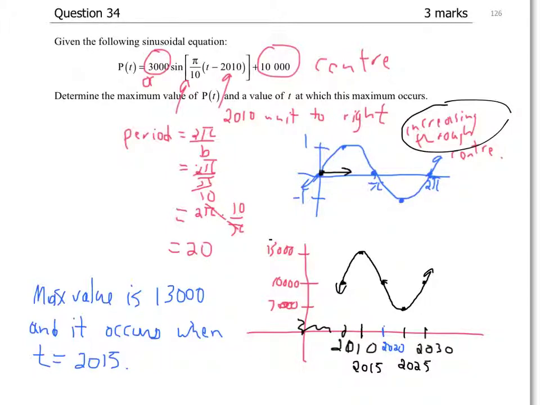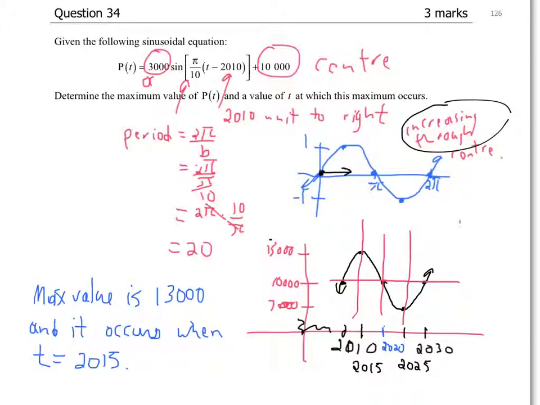So in reflection of this question, it's very helpful to do the graph, but one thing I want to note for future reference is that if you're talking about a sine graph, the maximum occurs at a quarter of the period over.